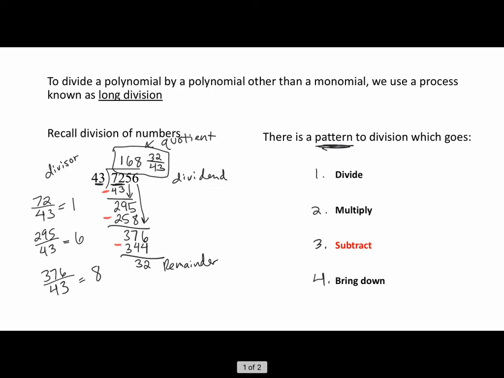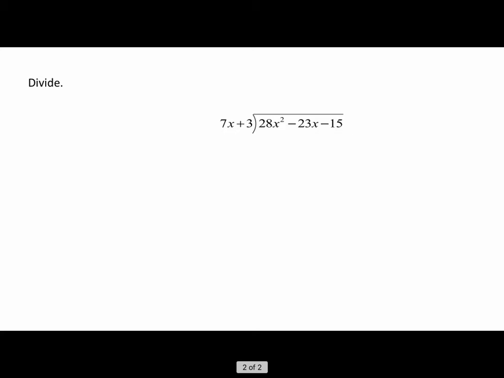What do we do next? You start all over again, and you keep going through this process, right? We did that process over and over until we ran out of places to bring down. So that leaves us with any remainder if we have any. We're going to use that same process for long division here of polynomials.